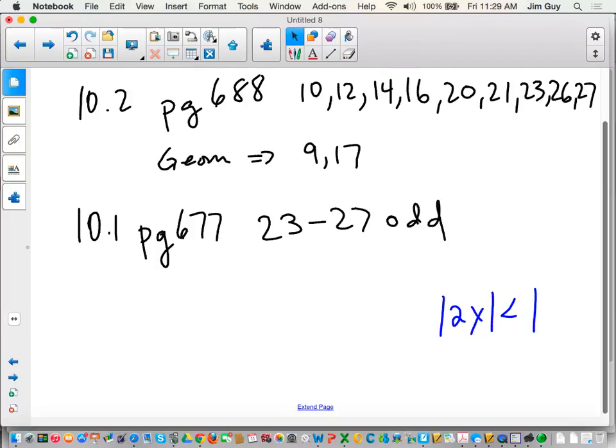So for 23, if the function is the square root of 1 plus x, and you're approximating the square root of 1.05, what would x equal? 0.05, right? Not 1.0, but 0.05. So all they're asking you to do is take 0.05 and plug it into that power series and write down what you get.